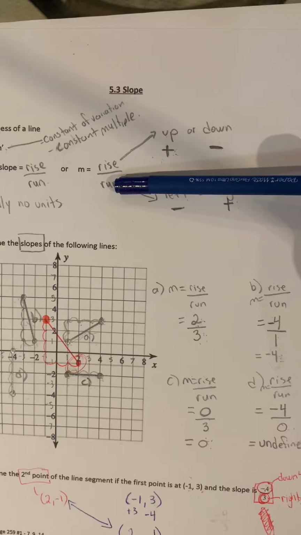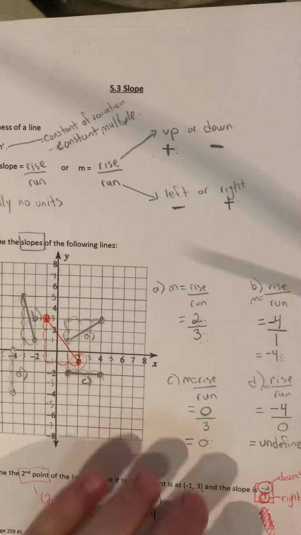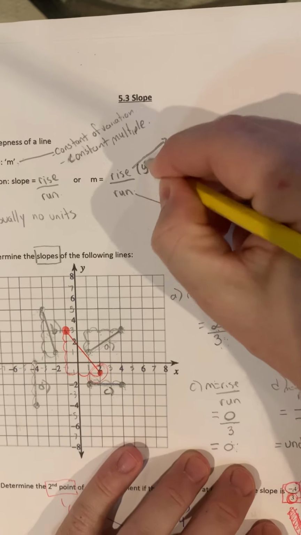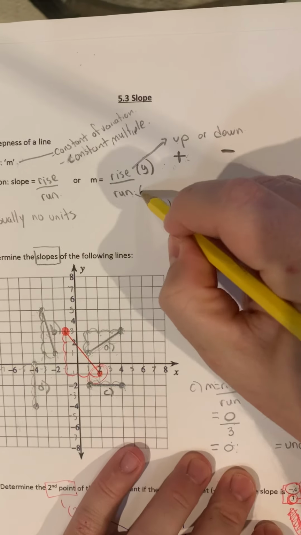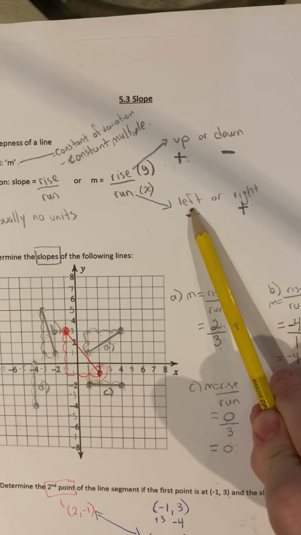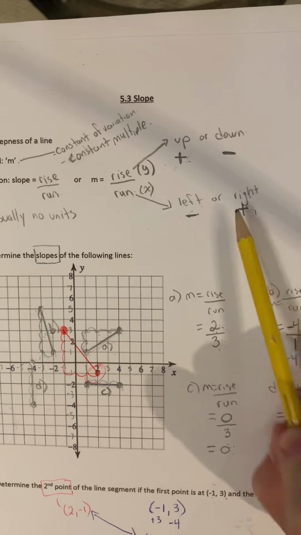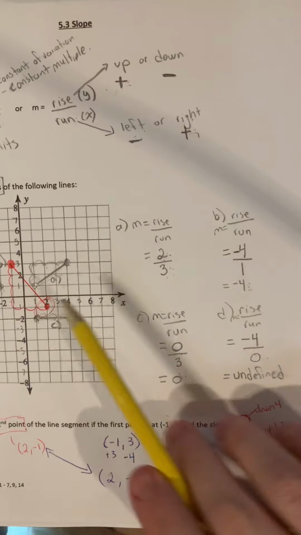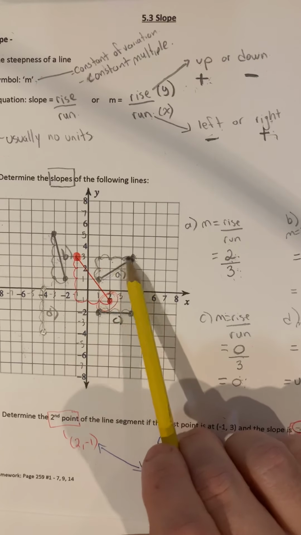Run means left or right. So rise is your y values because you're going up or down, and your run is your left to right, so this is your x. If we count to the left, it's negative. If you count to the right, it's positive. So counting spaces, start with the most left: up 2, right 3.